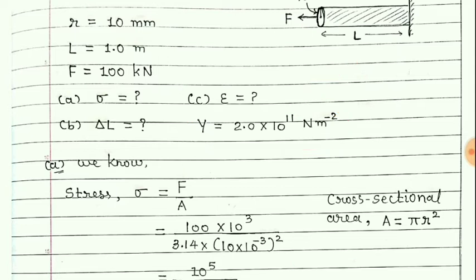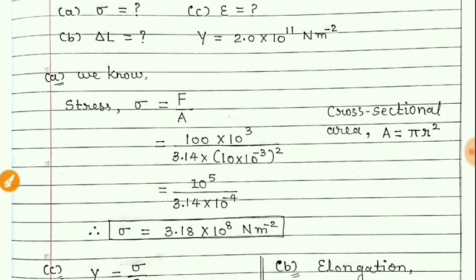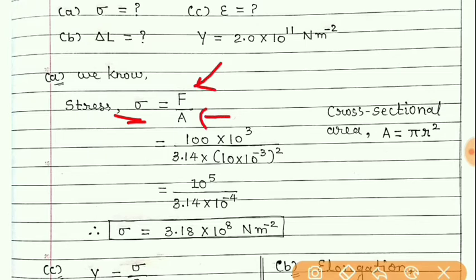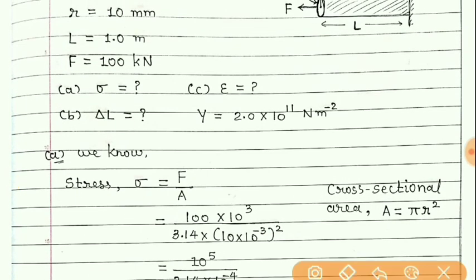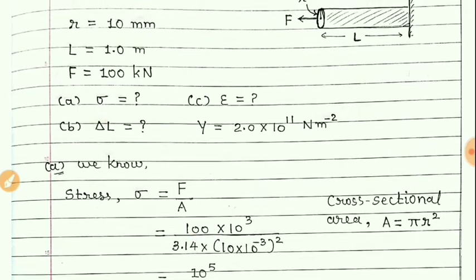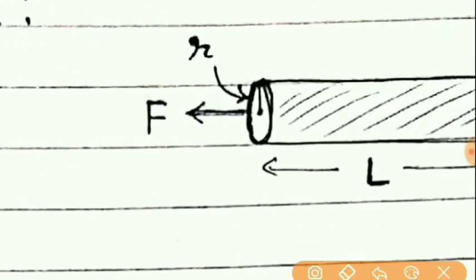So now let us first find the stress. According to the definition, stress is force per unit area. Force is given: 100 kilo, kilo means 10 raised to 3, so 100 kilonewton. And the area, the cross sectional area.